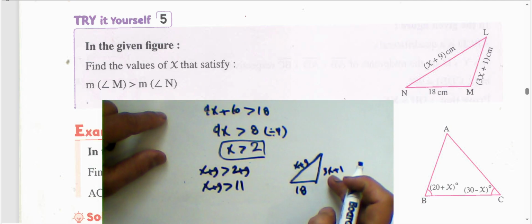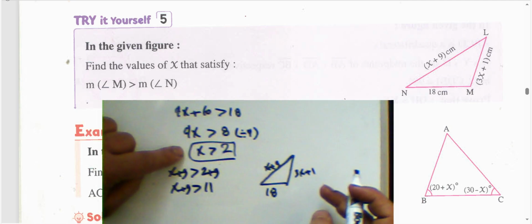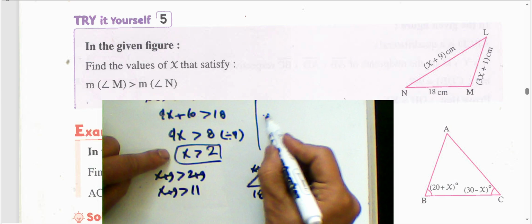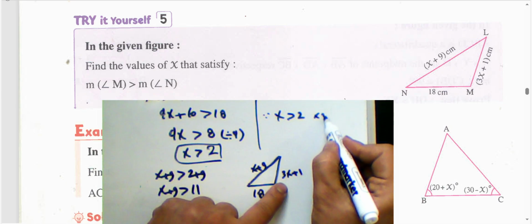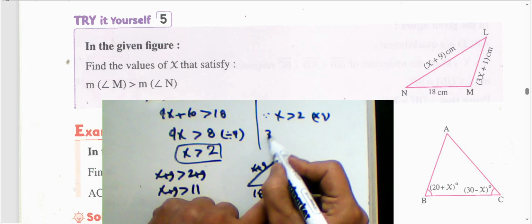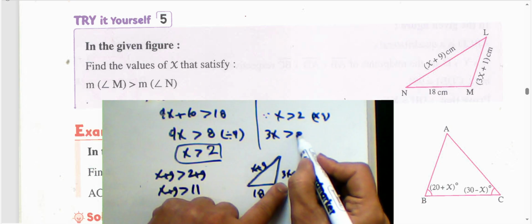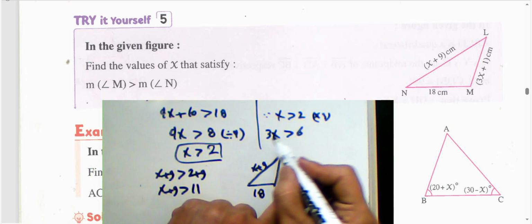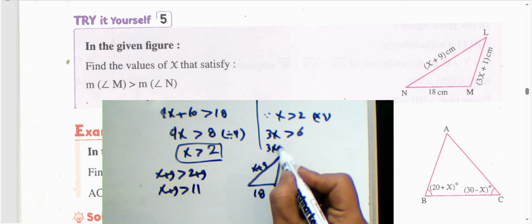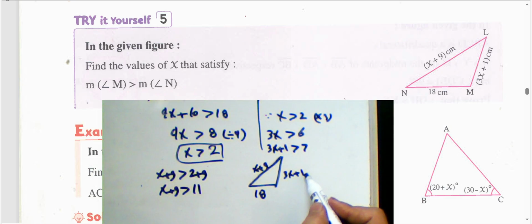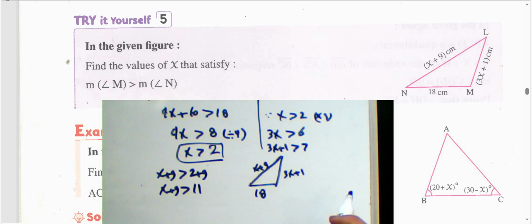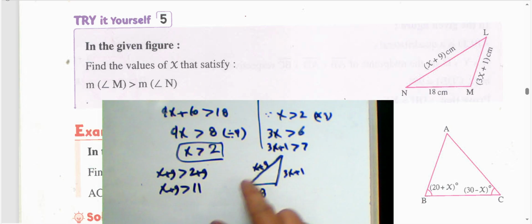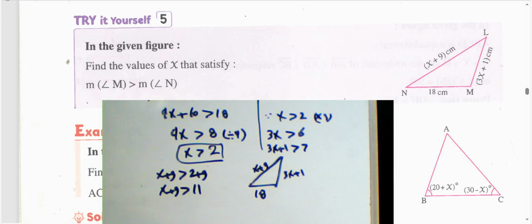And also we want 3x plus 1. If x is greater than 2, I will multiply first by 3 to write this inequality. Then 3 times x equals 3x and 3 times 2 is 6, and then we add 1 to the left hand side and right hand side, so 3x plus 1 is greater than 7. This side is greater than 7 and this one is greater than 11. X plus 9 is greater than 11.